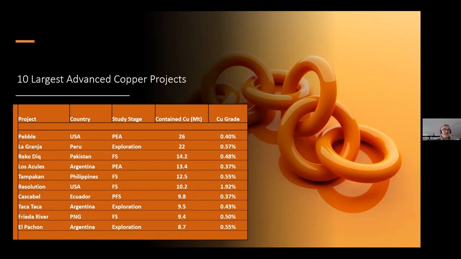Again, Ecuador certainly in the bigger picture has a reasonably high degree of political risk getting through the last stages of the copper value chain. And then finally, Frieda River in PNG, again, has been around for a long time, several owners, several feasibility studies, and still has not got over that hurdle of getting a social license and getting built.